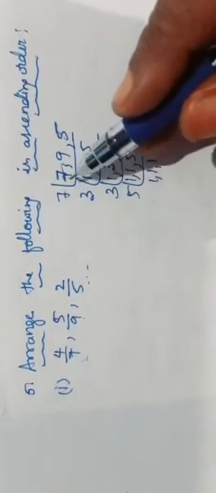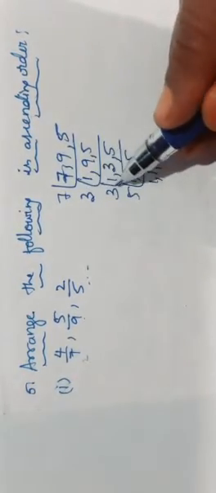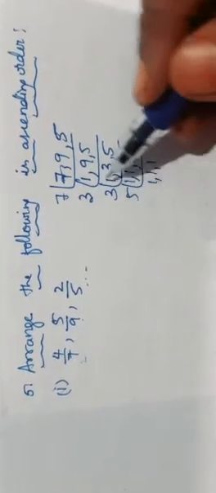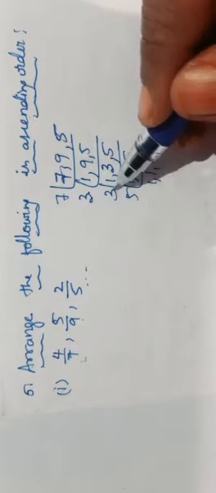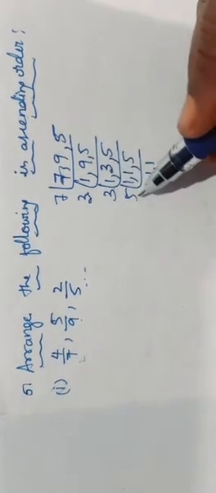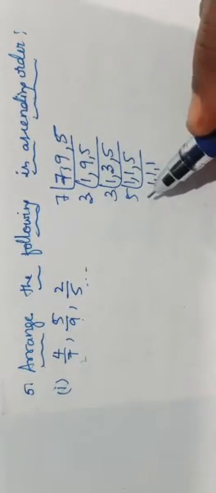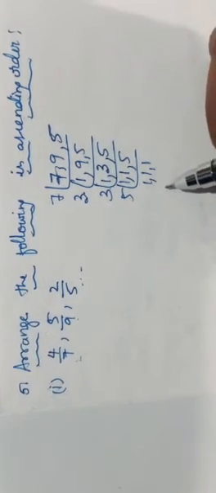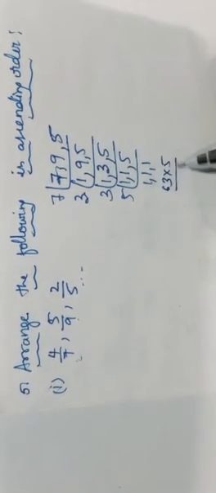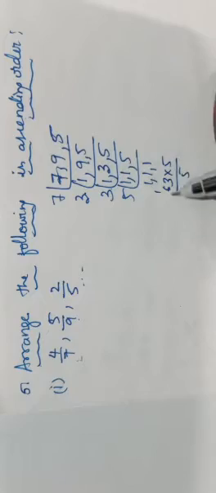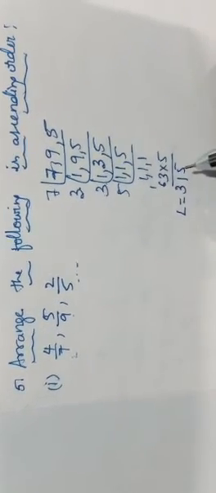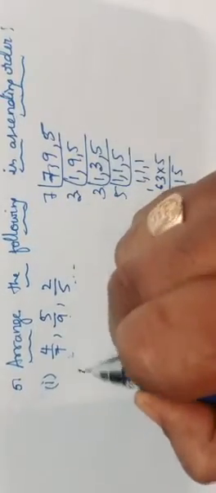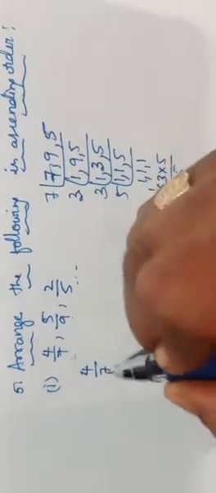Now we have 7 into 3 into 3 into 5. 7 3s are 21, 21 3s are 63. 63 5s are 315. Therefore, LCM is 315.